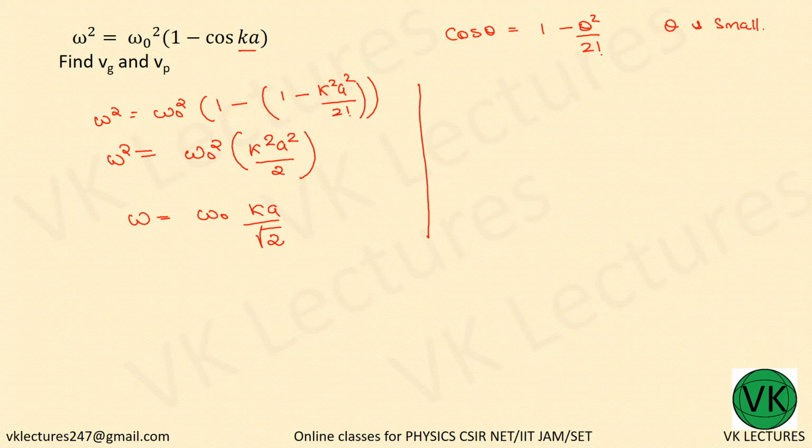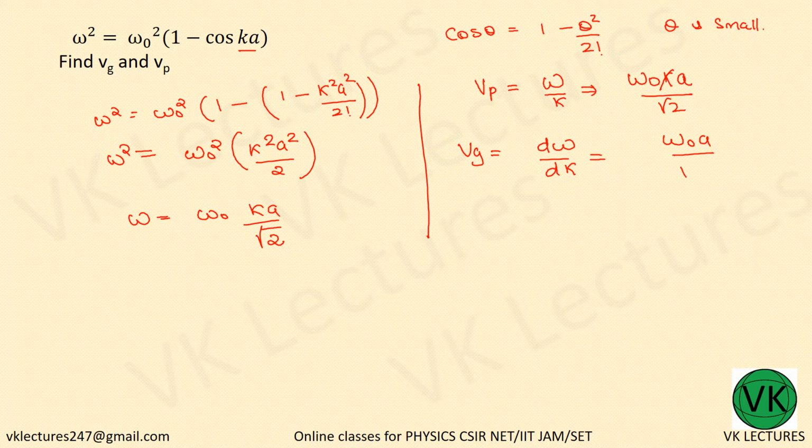Now once you have omega, you can write Vp, which is equal to omega by k, that's equal to omega naught Ka divided by root 2. Okay, k gets cancelled, so omega naught a by root 2. Now Vg is equal to d omega by dk, that's equal to, k doesn't exist, so omega naught a by root 2.